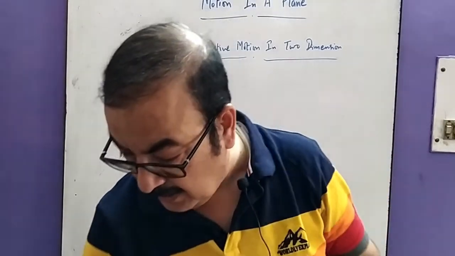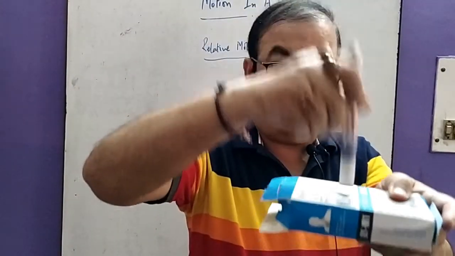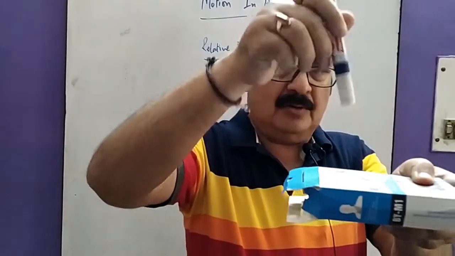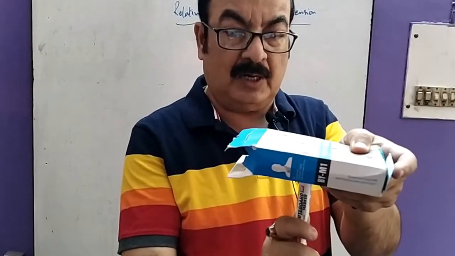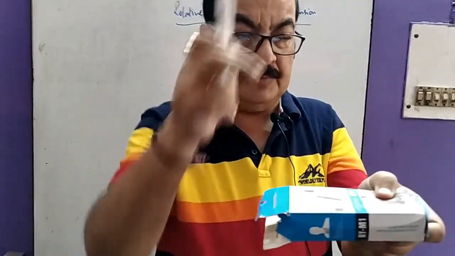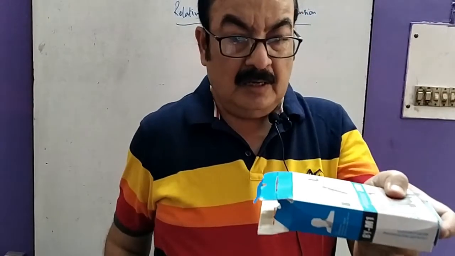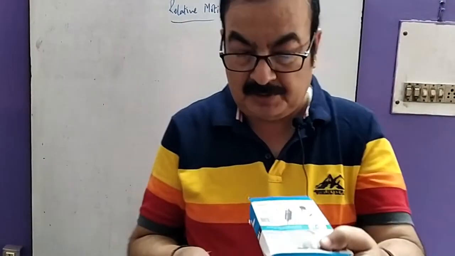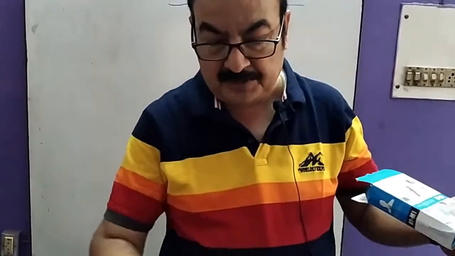This is the umbrella and the raindrop is like this. I am in a stationary state and I am holding the umbrella like this, and it is the raindrop which is falling on it like this. But if I just move either in the eastern way, suppose this is east and this is west.